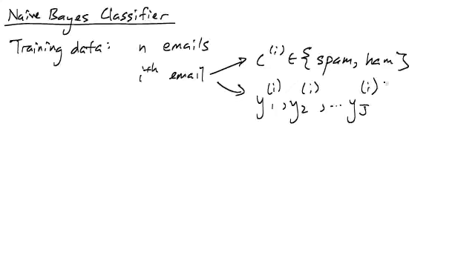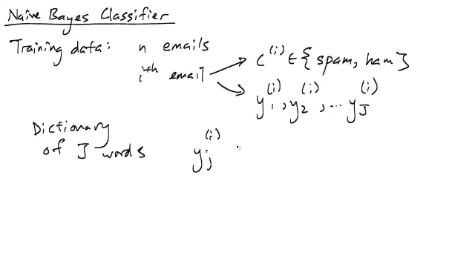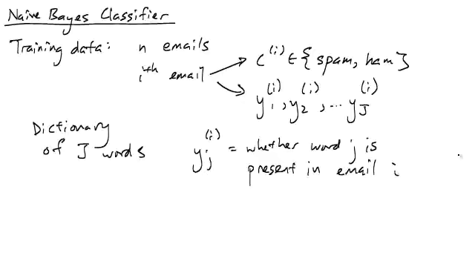So for simplicity, in this video, I'm going to assume that we have a dictionary of J words, and Y for email i of j is just whether word j in the dictionary is present in email i. So basically these take on values of either 0 or 1. You could use much fancier features, and the features themselves, they don't need to be binary. They could be, for example, real valued or vector valued, or even non-numerical valued. But for simplicity, we're just going to assume this setup for our training data.